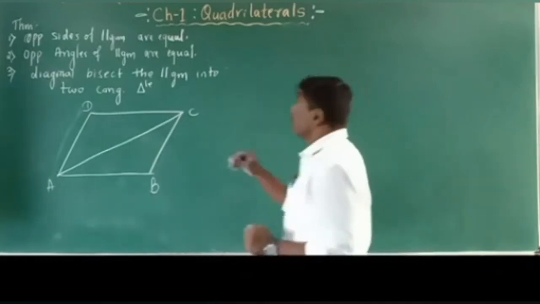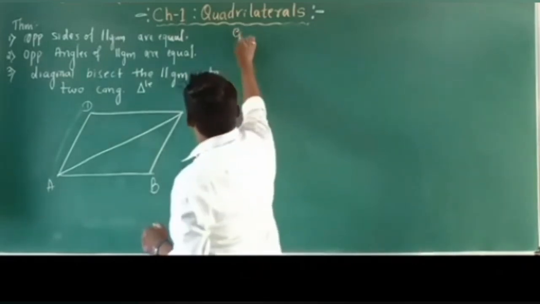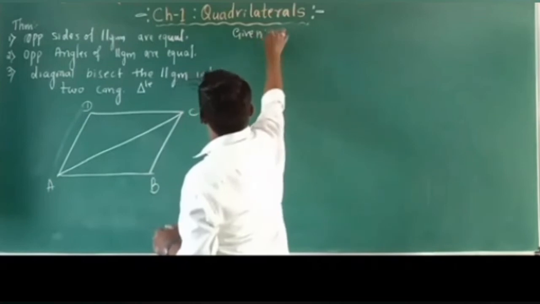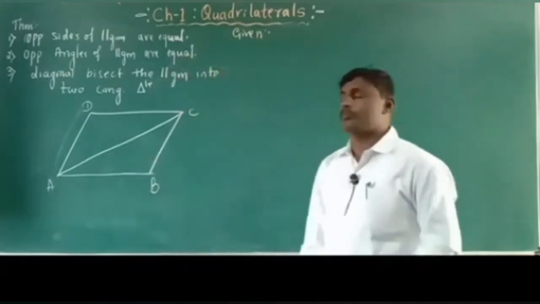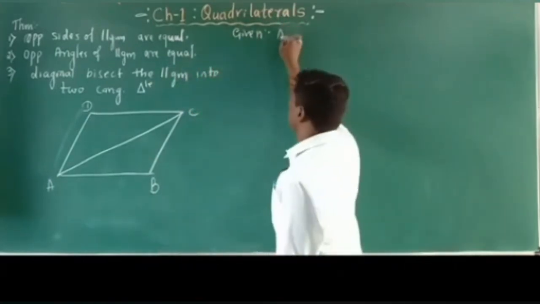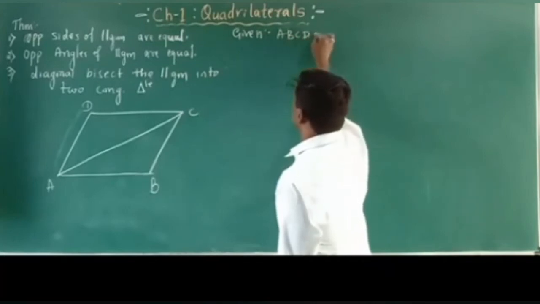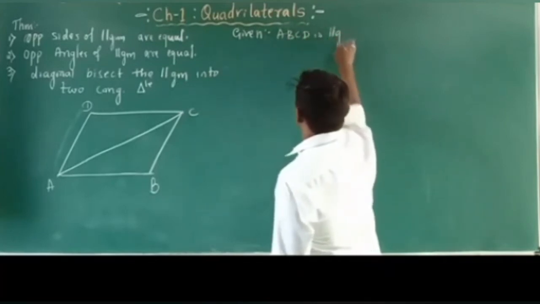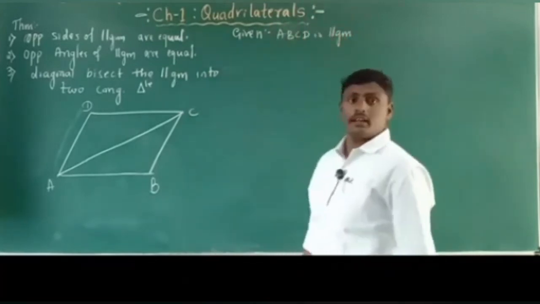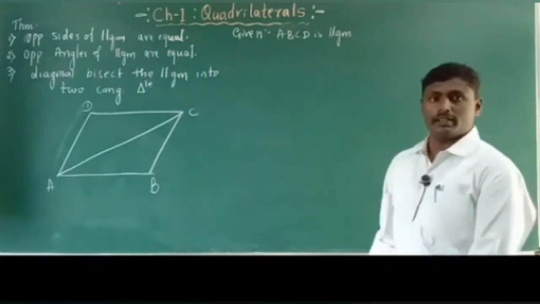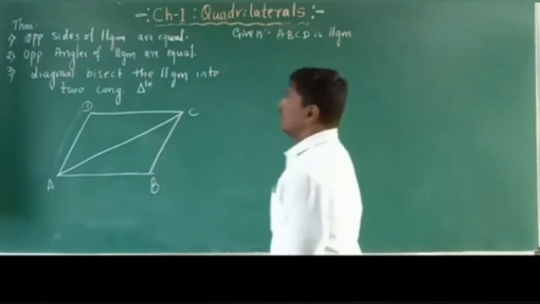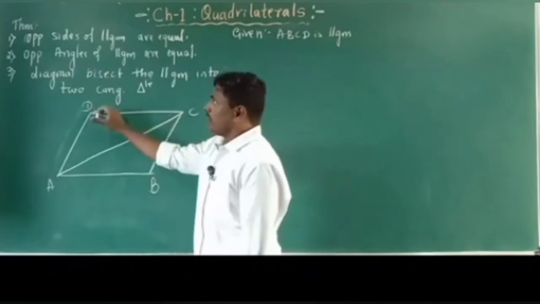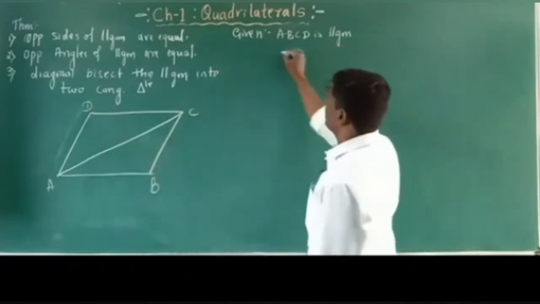So first, the given part. What is the given part here? We already know that ABCD is a parallelogram. This is the given part. In a parallelogram, opposite sides are parallel.